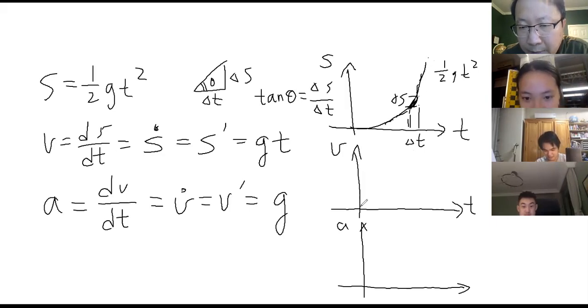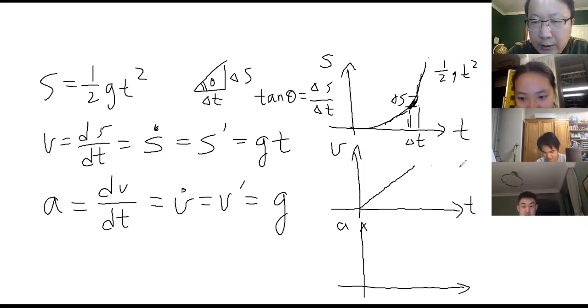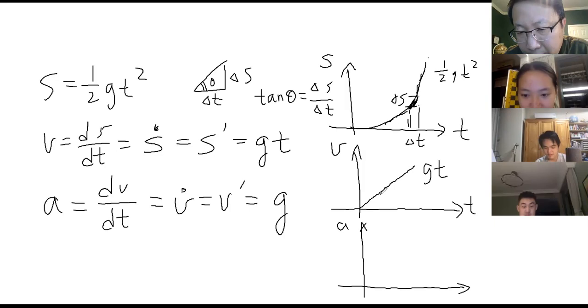So that becomes a line called g t, a straight line, correct? Again, the acceleration is calculating the slope again, because that's dv/dt. But here, because it's a straight line, the slope is constant. So that's why this one is g. Or here, g.